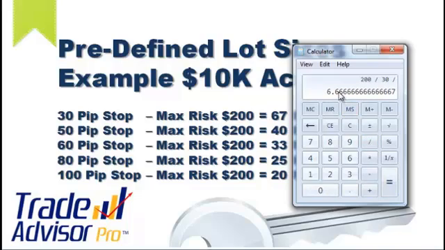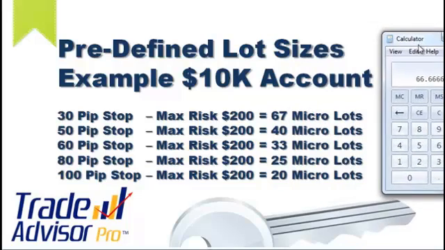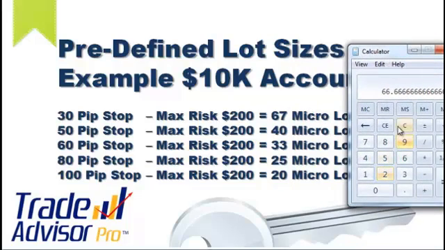You move the decimal point over one time, or technically multiply it by 10, and you can trade 66.6 lots, or 67. You can choose whichever one you want. Same thing with a 50 pip stop. You take $200, divide it by 50, you get 4, times 10, the same number, 40 microlots. So any trade where you use a 50 pip stop, you're going to trade 40 microlots, and you can go all the way up.